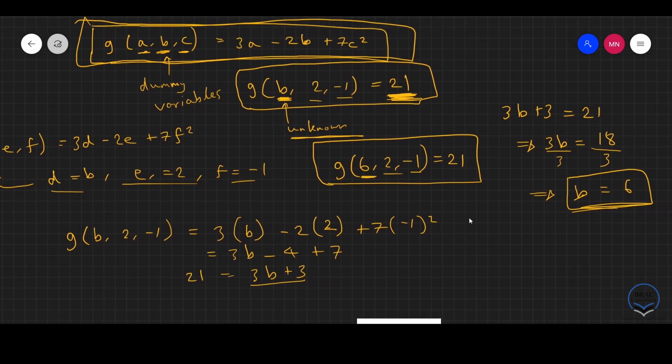Right, so now let's look at a different function. Suppose we have t of x is equal to ax to the power of 4 plus bx squared plus x plus 5.